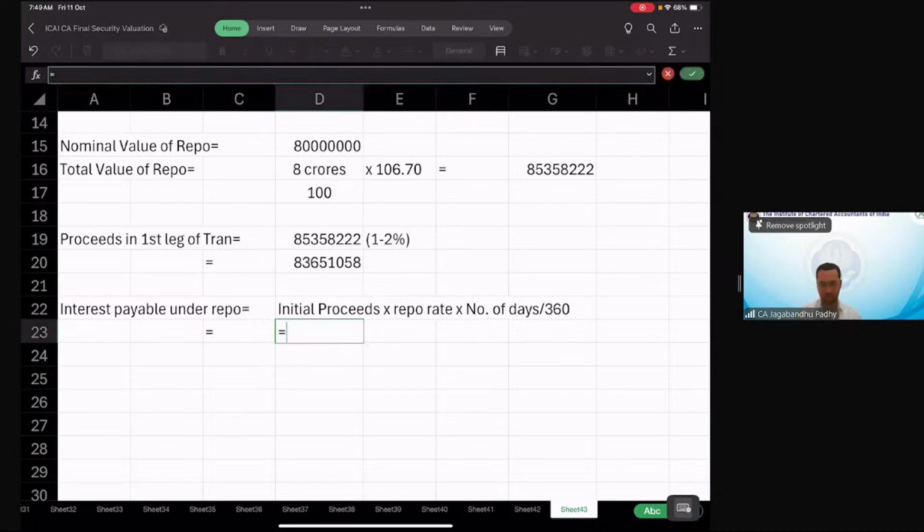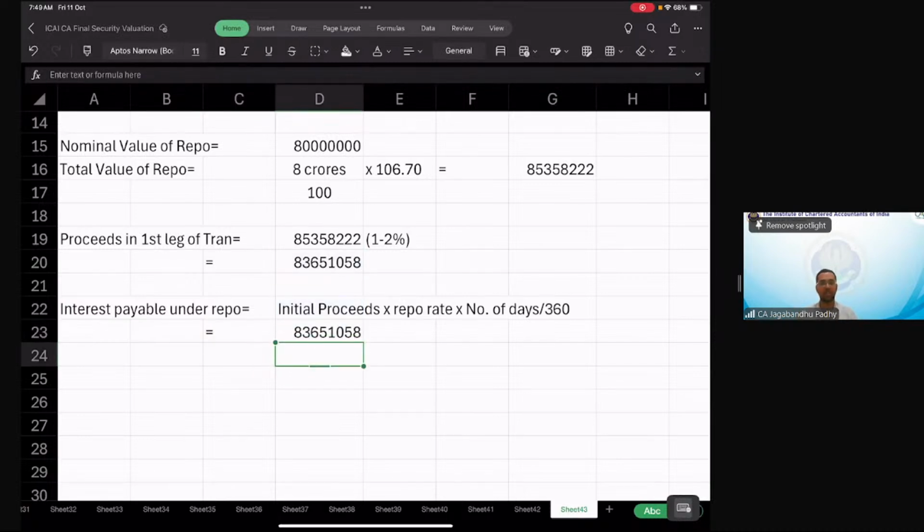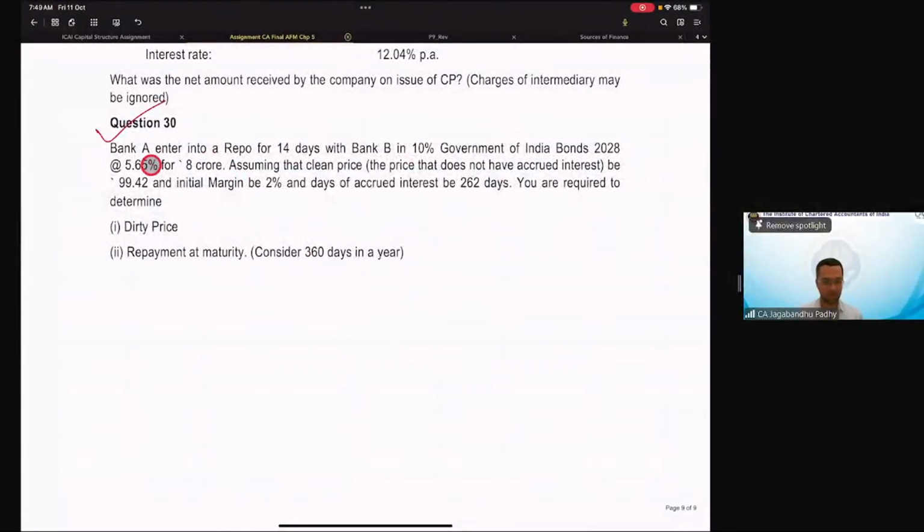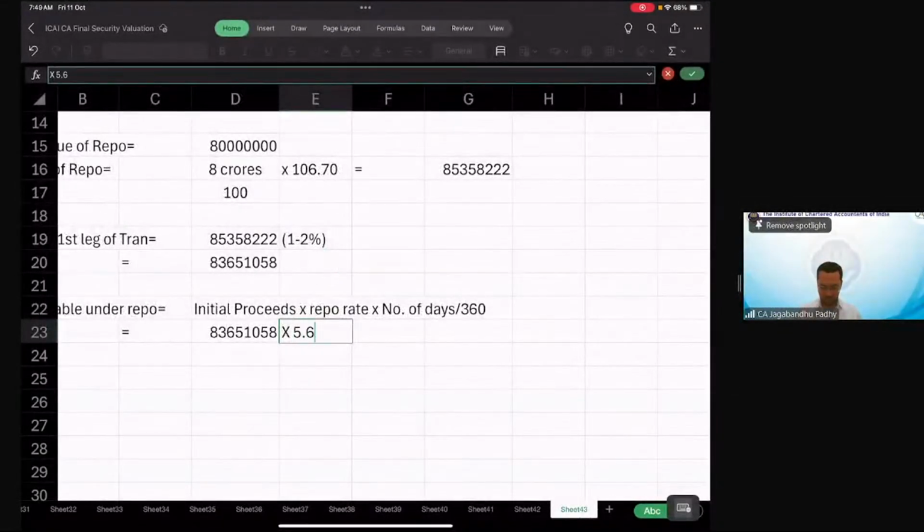We have the initial proceeds as 8 crore 36 lakh 51,000, which needs to be multiplied by the repo rate of 5.65%.